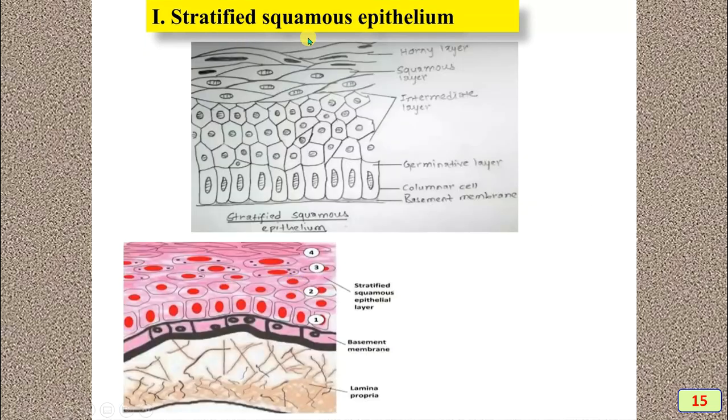Here you can see the structure of stratified squamous epithelium with different layers: the horny layer, then the squamous layer, then the intermediate layer, then the germinative layer, where columnar cells and secretory cells are also present, and there is a basement membrane, just like a pizza, you can give that analogy. So here the stratified squamous epithelial cell, basement membrane, and lamina propria are there.